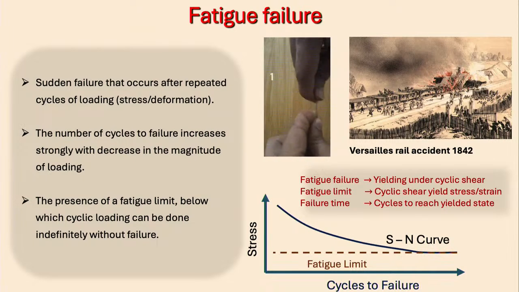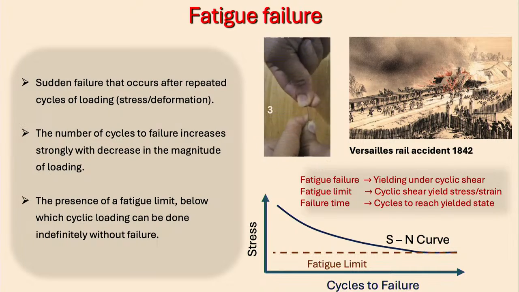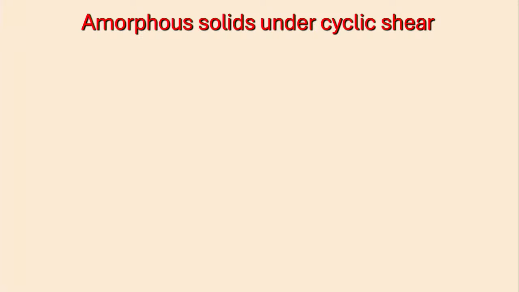Below a certain limiting value of the stress amplitude, one may in fact subject the solid to stress indefinitely without failure occurring, right? So this limit stress is called the fatigue limit, and this is going to come up later on.